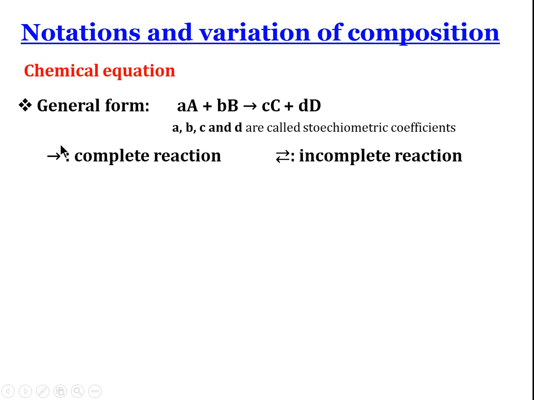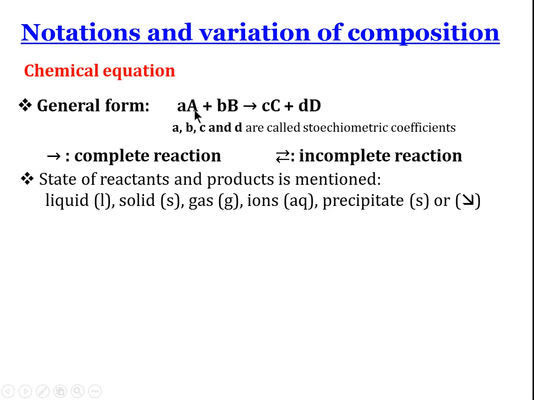In general, we use one arrow to indicate that this reaction is complete and the double arrow for the incomplete reaction. We have to determine the state of A, B, C, and D when we write the chemical reaction, and we will see that it is very important in the calculation in the next slides.